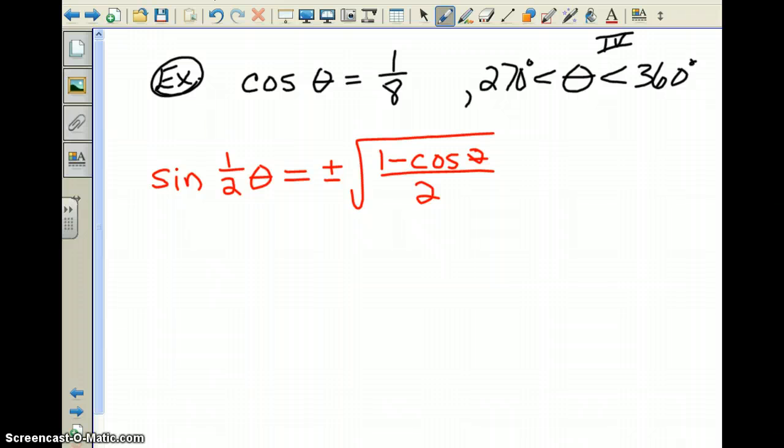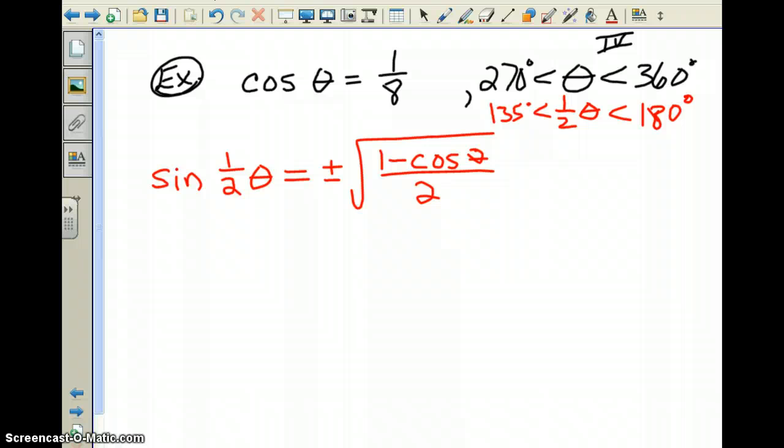If I were to cut this angle in half, that means my half angle is going to be somewhere between half of 270 and one half of 360, which is 180. So my half angle would actually fall in quadrant 2 between 135 and 180.